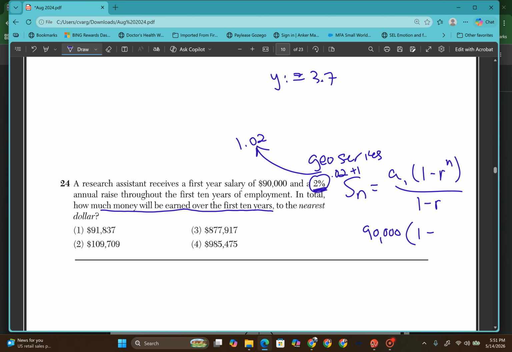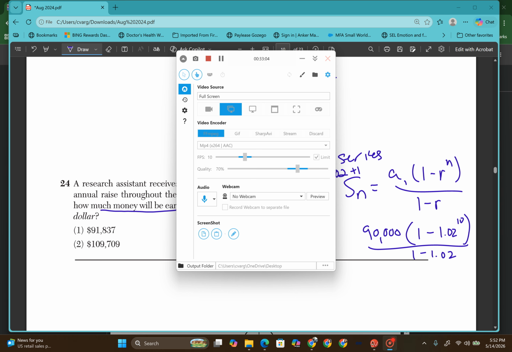So we're going to do 1 minus 1.02 to the n. The n is over the first 10 years, so we're going to go like that to the 10, over 1 minus r, which again is 1.02. So this is a calculator question, and you're going to get 985,475. Okay, so that's the multiple choice.